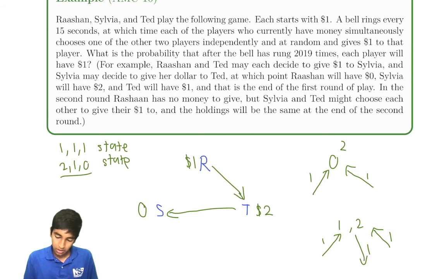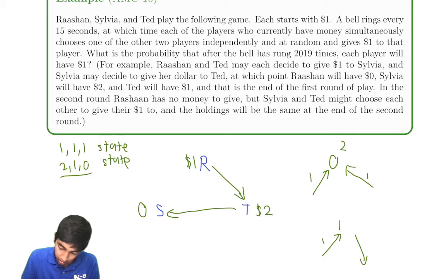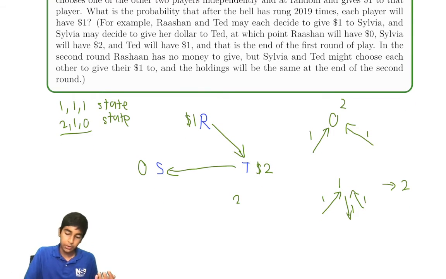But let's take these cases separately. If that person only has $1, and maybe they get paid $1 by both people, they also have to give up 1. So now they're effectively still at 2 only. What if they already have $2? Now they surely should be able to get 3, right?